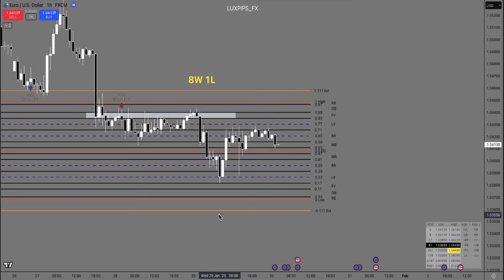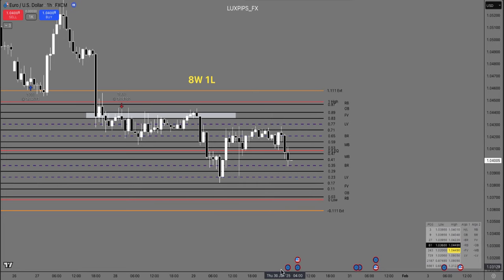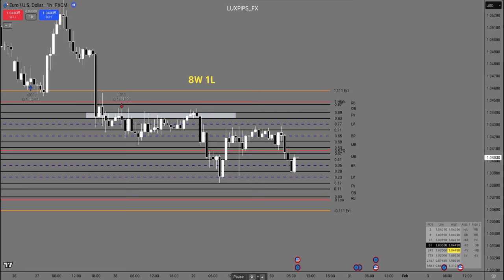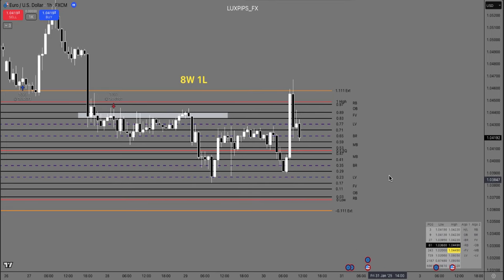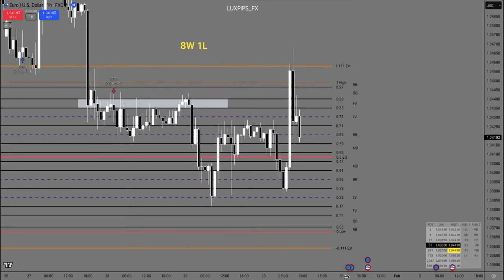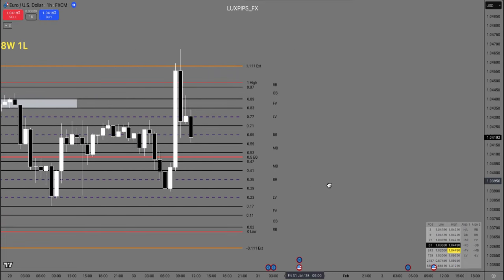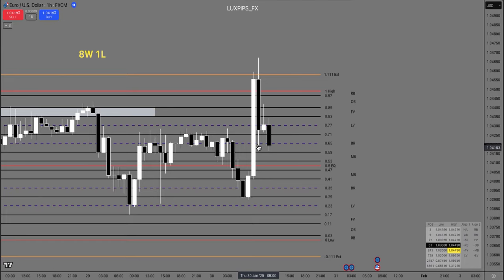So as you can see, this FE level right here has been touched, right? So it looks like the high has been tested, session has been tested. I can see a fractal BR touch here, FE touch here.